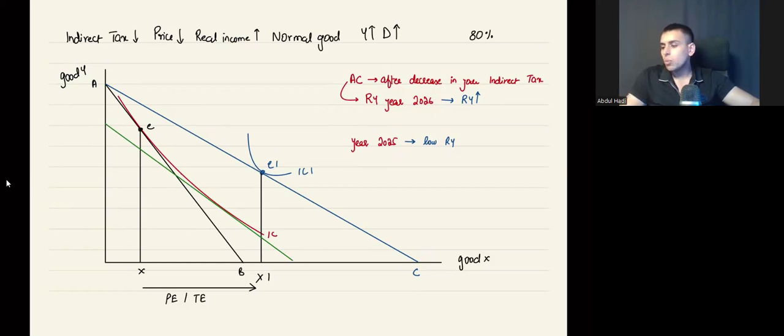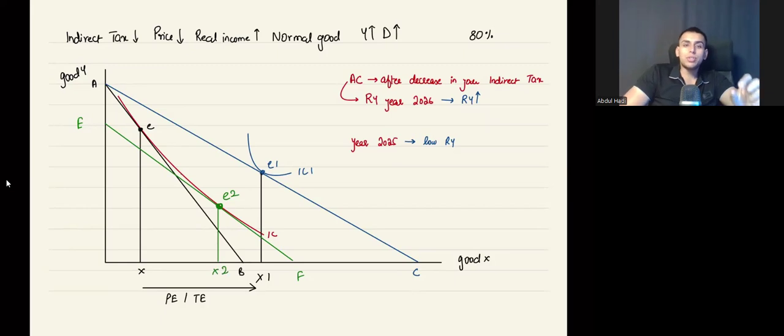So this is my new budget line, EF. It creates an equilibrium over here, E2, and this is my quantity X2.